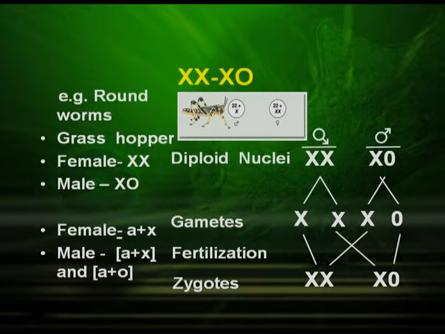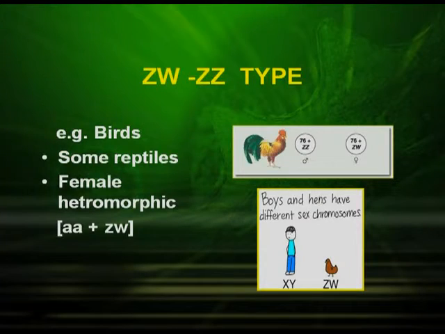So, it is going to produce 2 types of sperms, one with the X chromosome and another sperm with no sex chromosome. The third type of sex determination is the ZW and ZZ type. This is found in birds and in some reptiles. The female is heteromorphic, having AA plus ZW. The AA stands for the autosomes and ZW stands for the sex chromosomes.